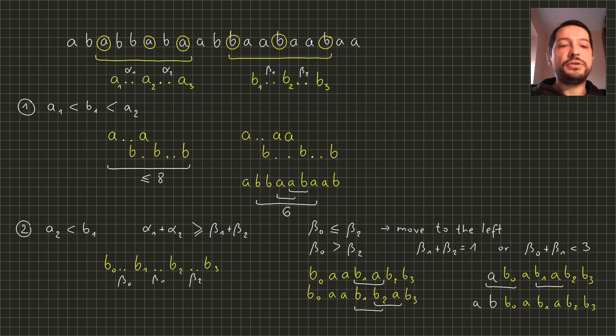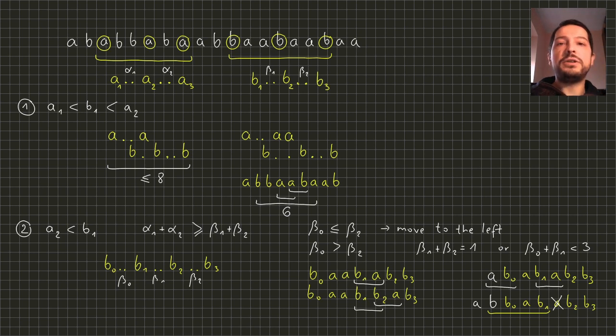Otherwise, before B0 we have another B, and before that B we need to have another A. So if the cost of joining A's is 3, then we can achieve this cost here using 3 swaps. And if its cost is smaller, then it cannot use A between B1 and B2.